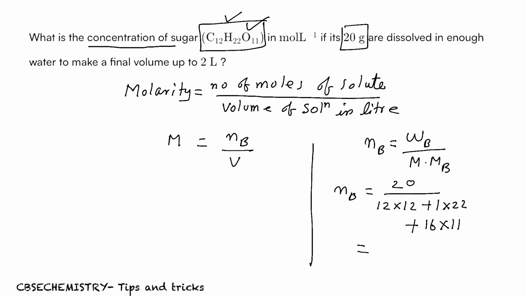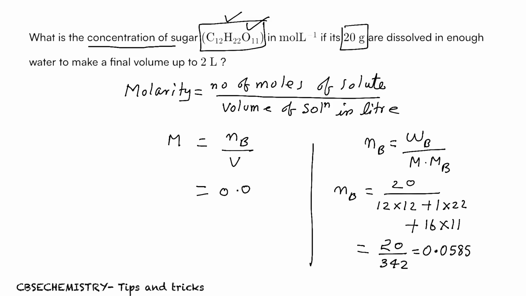Correct? On calculating, the denominator becomes 342. So 20 by 342, on calculating you will get 0.0585.